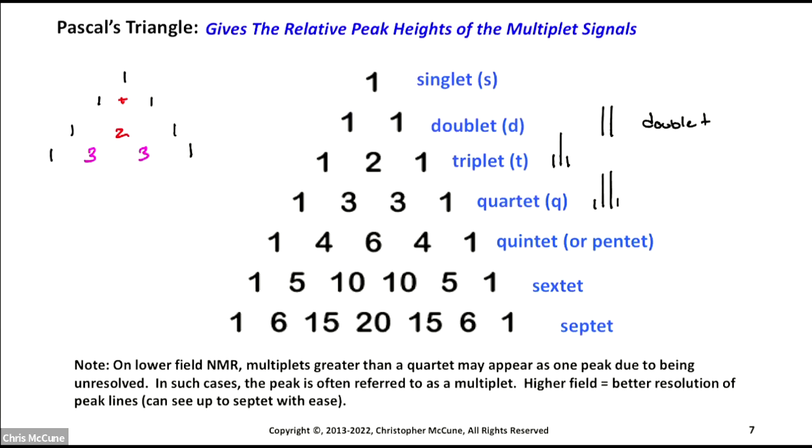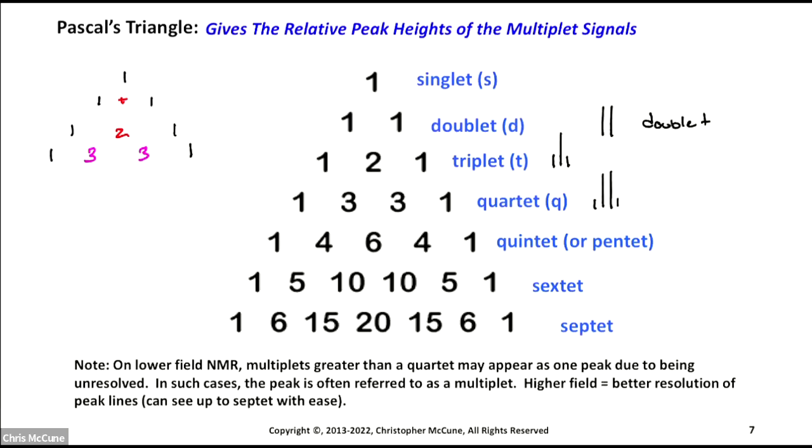On the lower field NMRs, so these are where the magnets aren't as strong, we have all sorts of magnets that can be used. On lower field NMRs, multiplets greater than a quartet may appear as one peak due to being unresolved, okay? And so you may get less resolution of those signal patterns. In such cases, the peak is often just referred to as a multiplet.